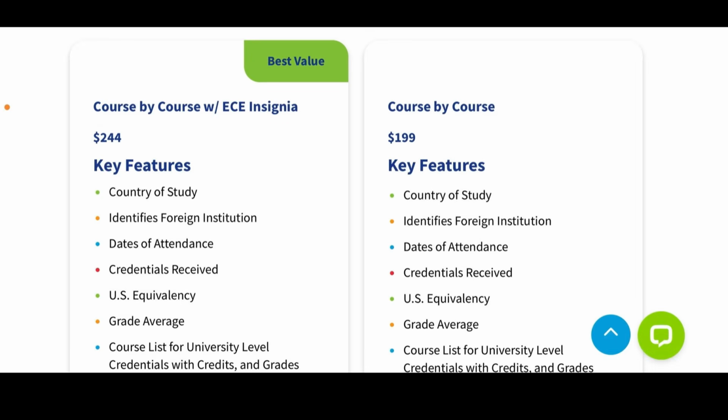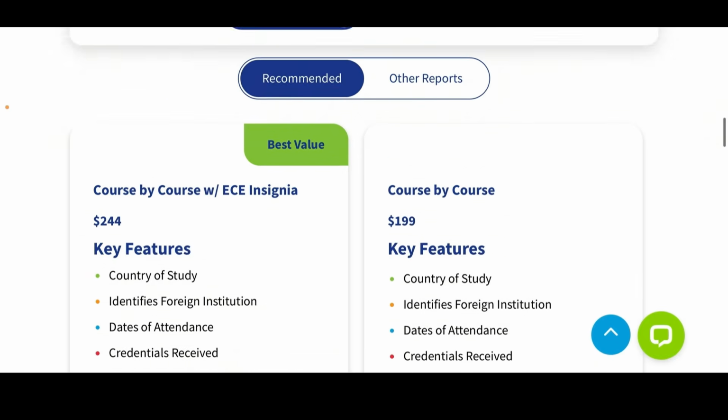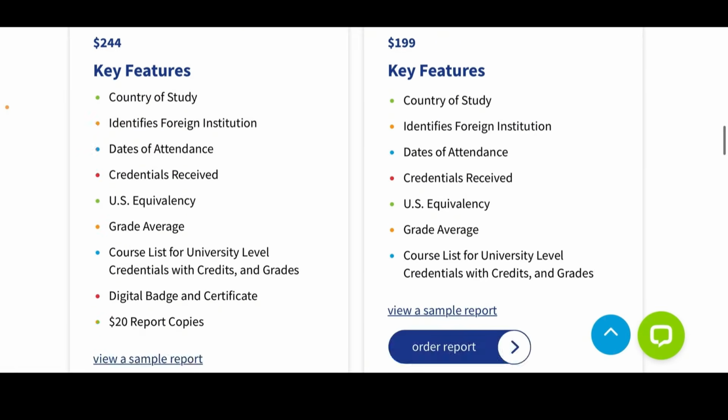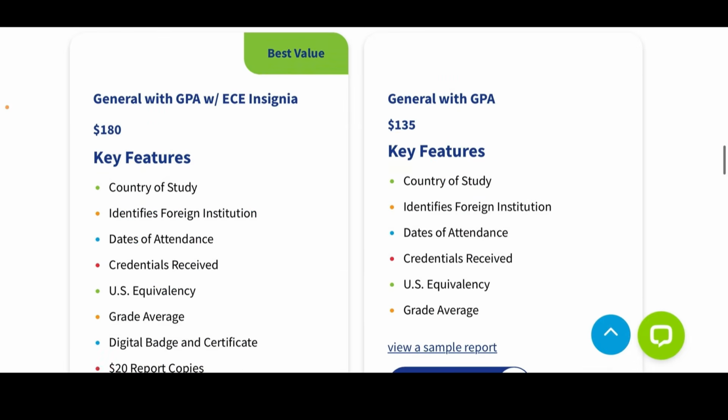The last thing on our list is the money for the fees. When looking at the ECE reports, you see the different fees. Course by course with ECE insignia, $244. Course by course by itself, $199. The one with GPA insignia is $180.